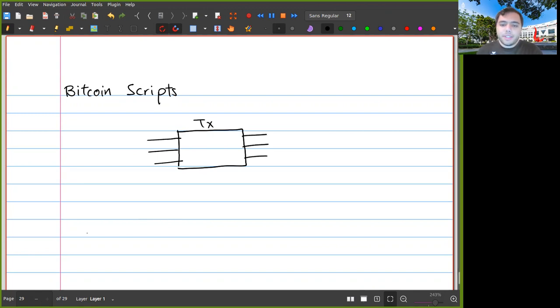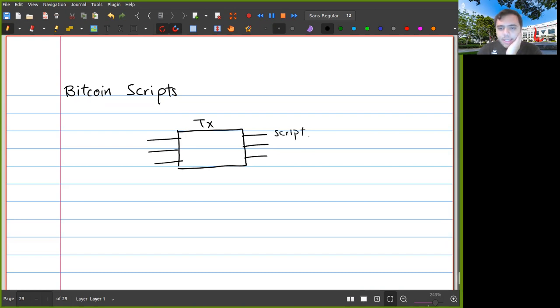And basically what I said before was that every output is just the public key or address of a recipient. But in the real world, in Bitcoin, this is a bit more complicated. It's not just that every output has a public key. Actually, every output can have a script.